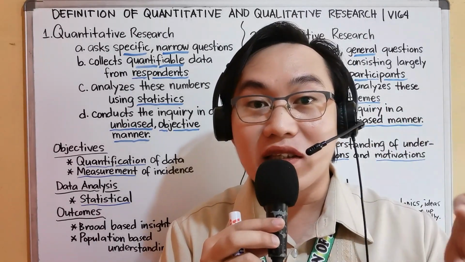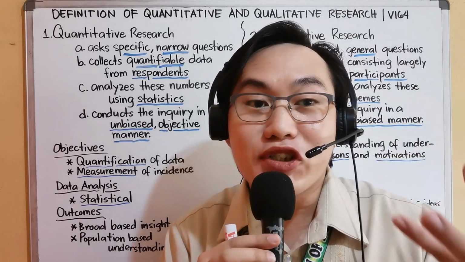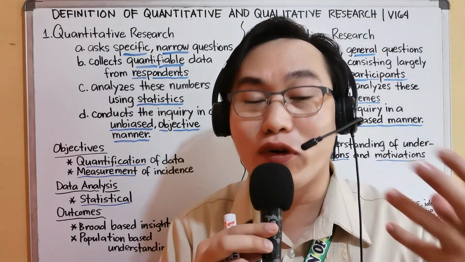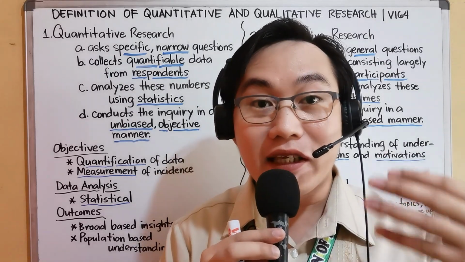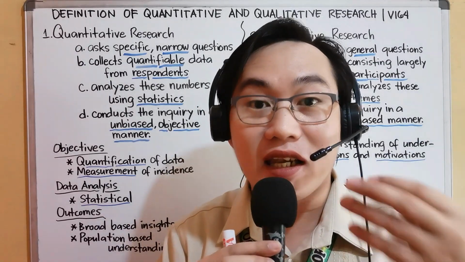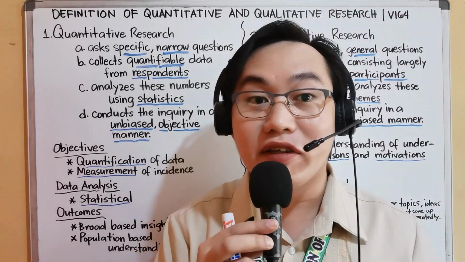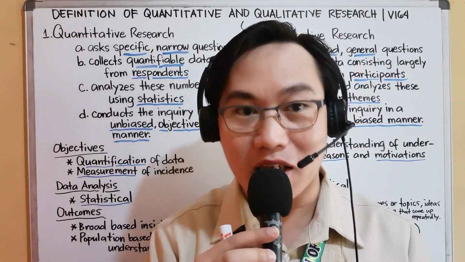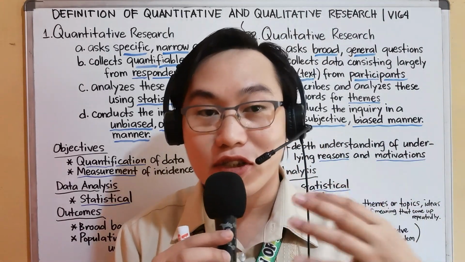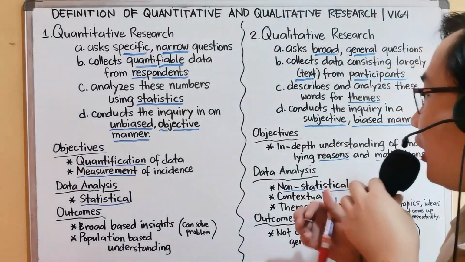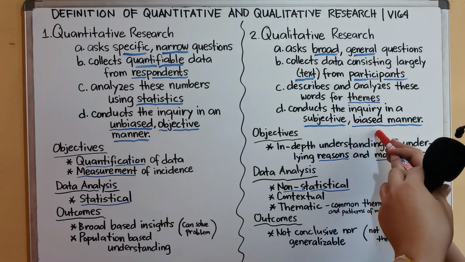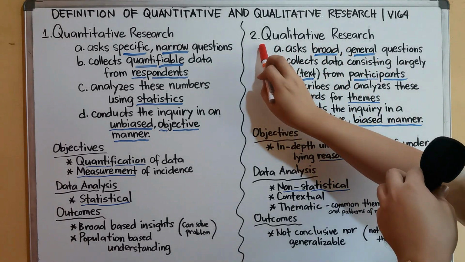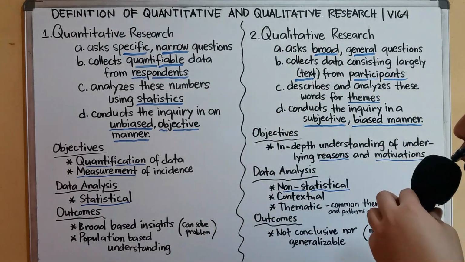Dito kasi sa qualitative, mayroon pang insertion of interpretation ng isang author, for example, na kung sasalihan niya or lalagyan niya ng bias, no, or isasalin niya ang kanyang sarili with the research, then therefore, there is a tendency talaga na maging bias ang kanyang research. So, ganun po ang punto. Okay, kaya nakalagay dito, prone to be subjective and biased in manner if we are going to focus on the idea of the qualitative research.